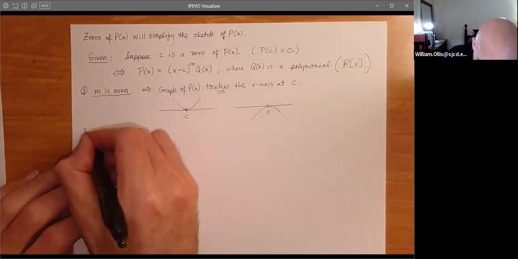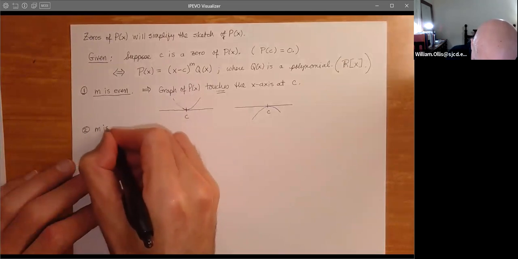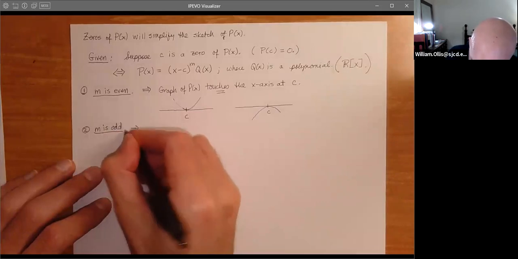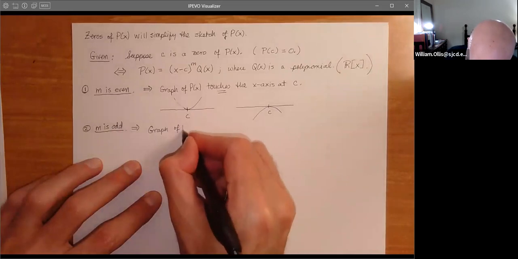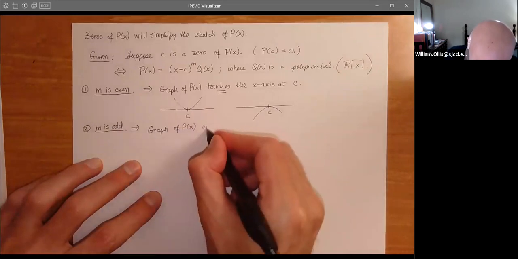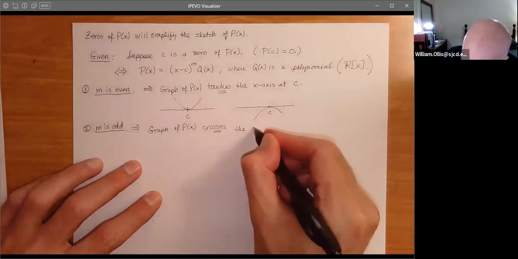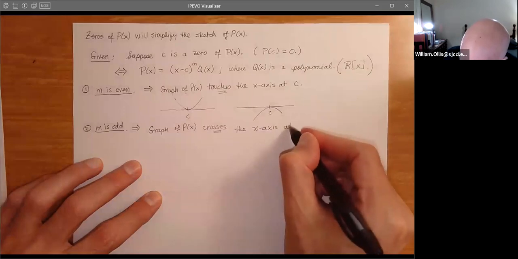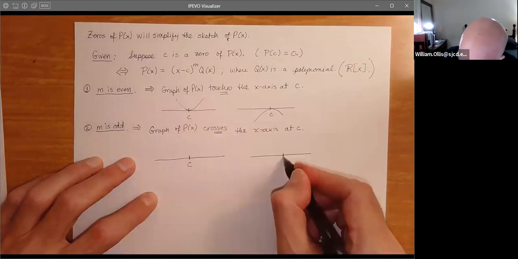Now, the other one: what about when the multiplicity m is odd? Well, this is exactly what you think. This implies the graph of P of X crosses the x-axis at C. So when you think of this, you're really thinking of the sign test.